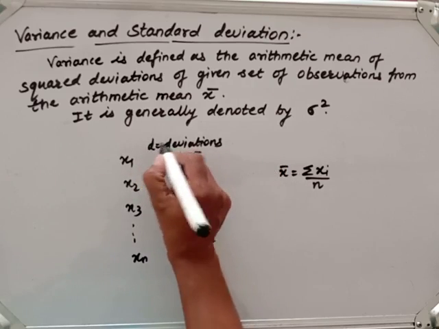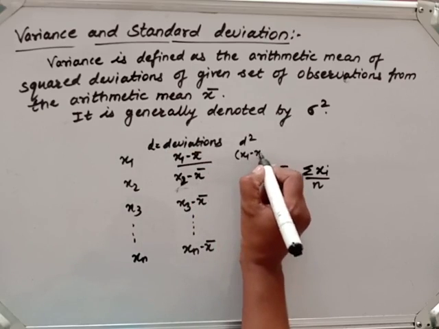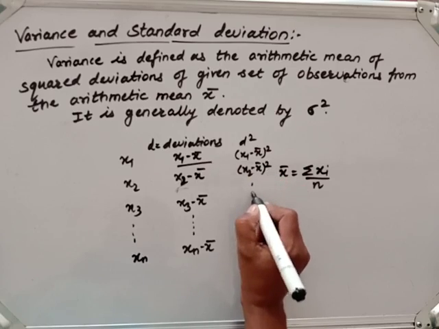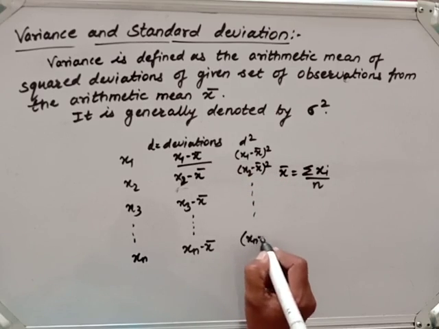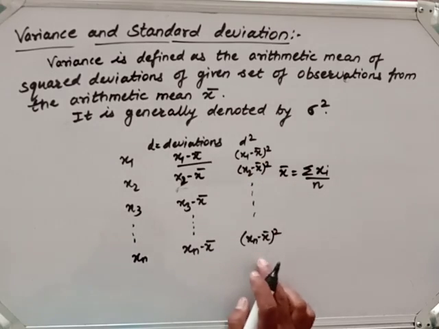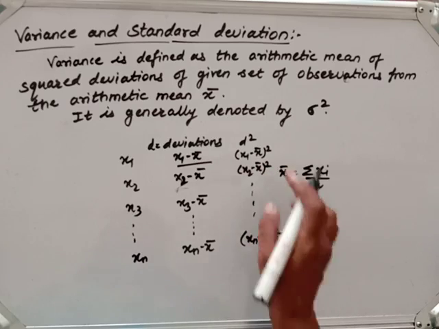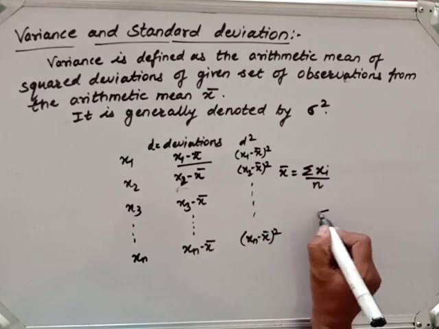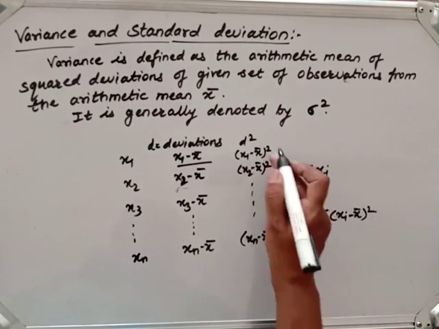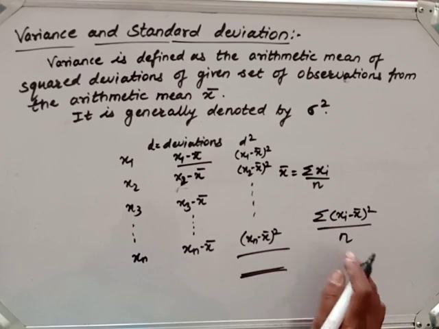Suppose these deviations are d, then obtain d square: x1 minus x bar square, x2 minus x bar square and so on up to xn minus x bar square. As such we obtain the squares of all deviations and then take the arithmetic mean of them. That means we do summation of xi minus x bar square, find this total and divide by the number of observations.